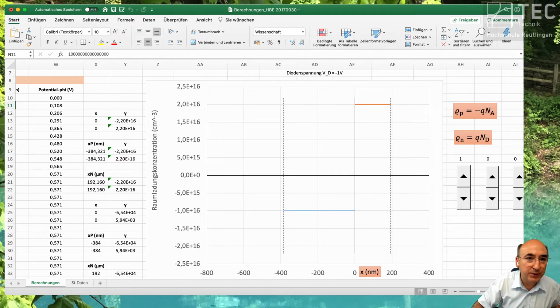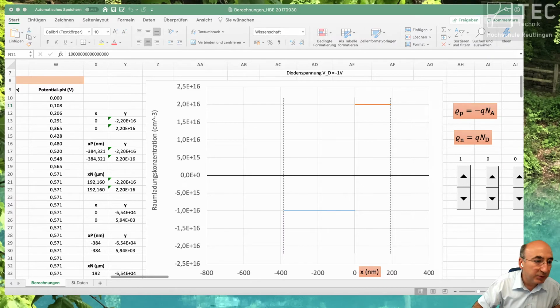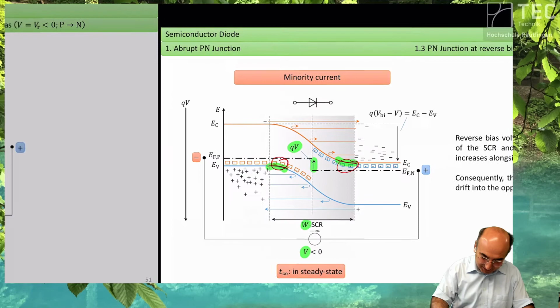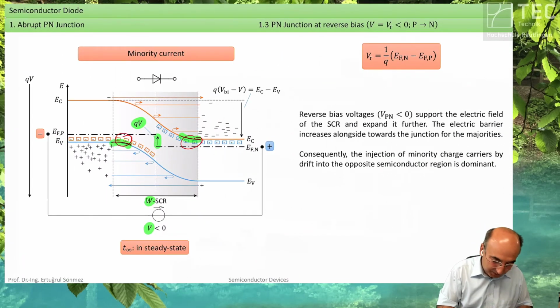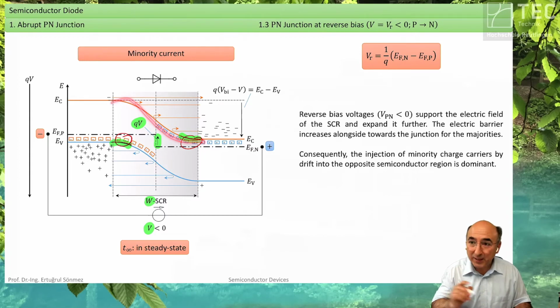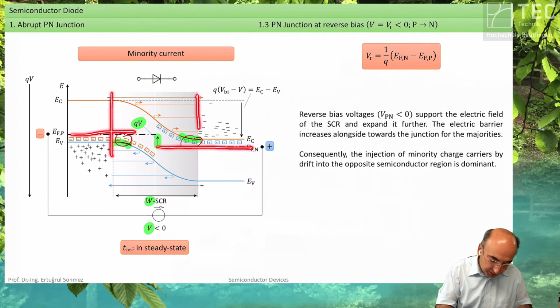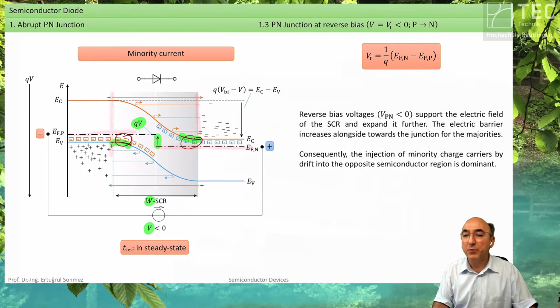So what we have learned from the two times integration is that we have a band bending, and we also have the absorption of your applied voltage in this space charge.